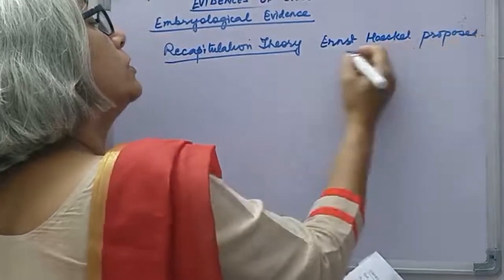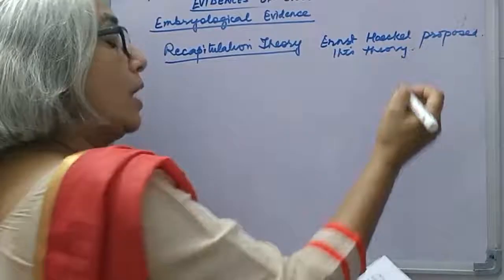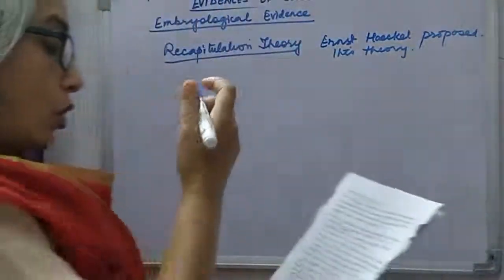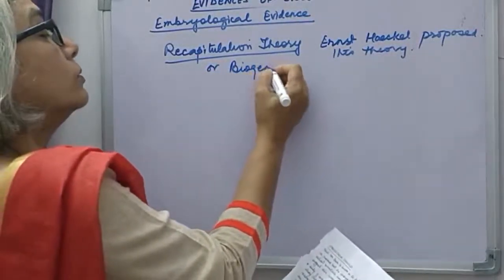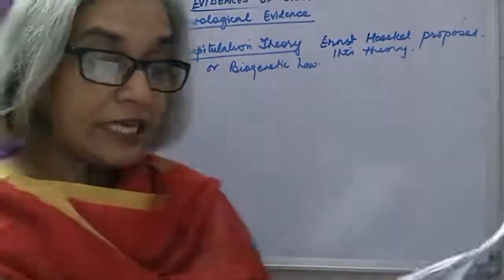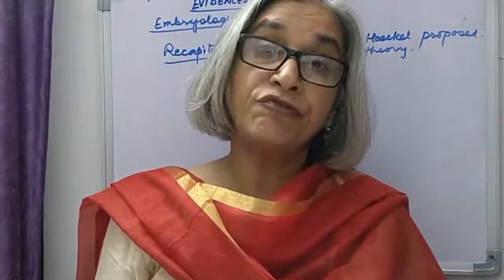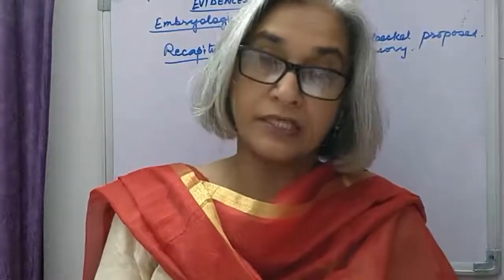This theory is also called biogenetic law. And the theory states that ontogeny, which is embryonic development of an organism, recapitulates phylogeny, which is the evolutionary history of the race.